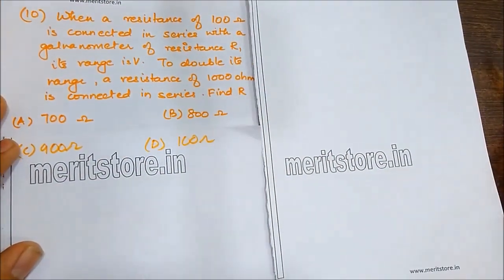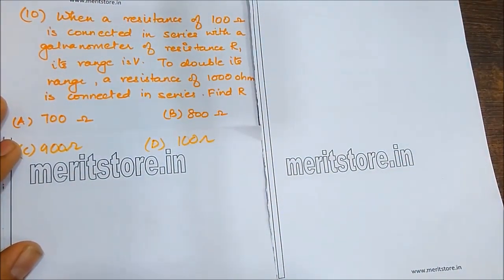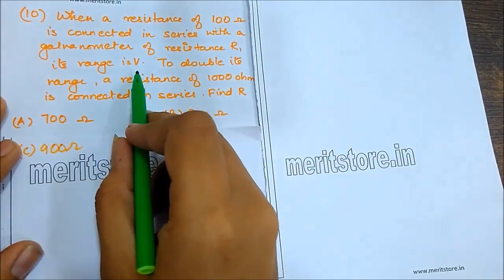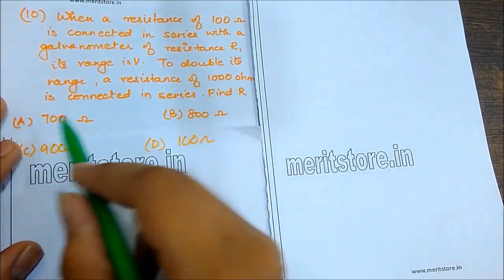Number 10. When a resistance of 100 ohm is connected in series with a galvanometer of resistance R1, its range is V. To double its range, a resistance of 1000 ohm is connected in series.